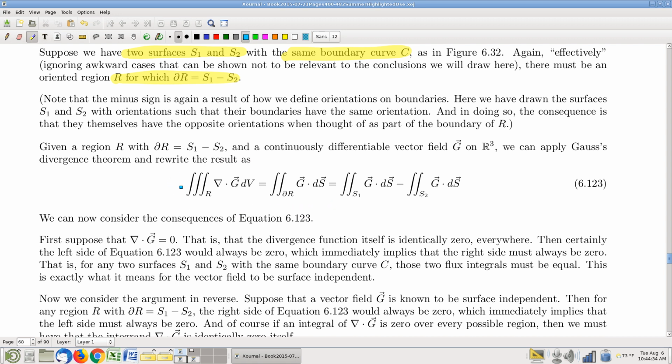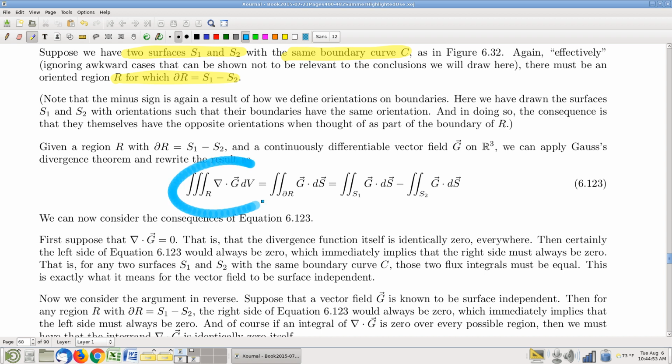Good old Gauss's divergence theorem, right? Just straight up, the triple integral over the solid of divergence is the flux through the boundary surface of the original vector field. Just generic Gauss's divergence theorem. The boundary of R is S1 minus S2.